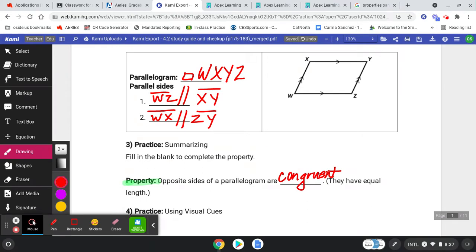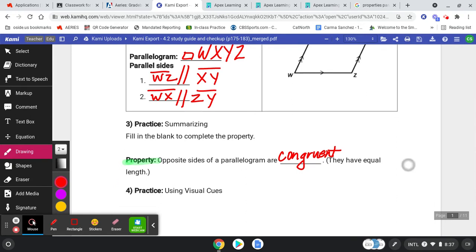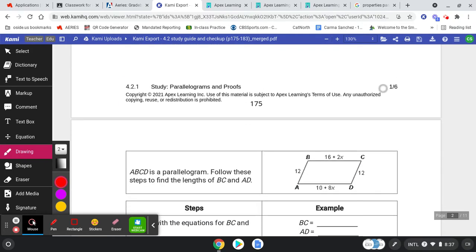You probably knew the sides were equal, but that's not actually part of the definition, because if a quadrilateral has opposite sides that are congruent, could be a square, could be a rectangle, could be a parallelogram, could be a rhombus. There's lots of different quadrilaterals that have equal side lengths. So what makes a parallelogram is its definition. They have to be parallel. Okay, that's one of the properties that we know is true.